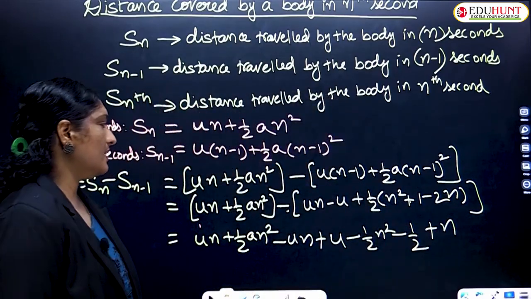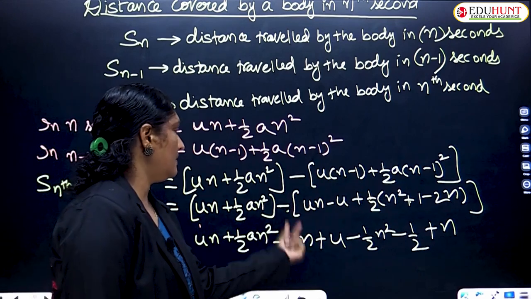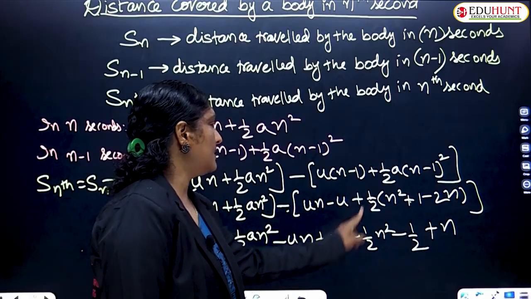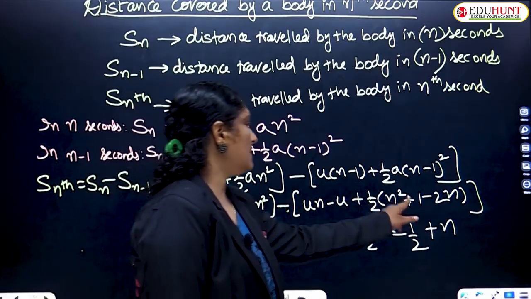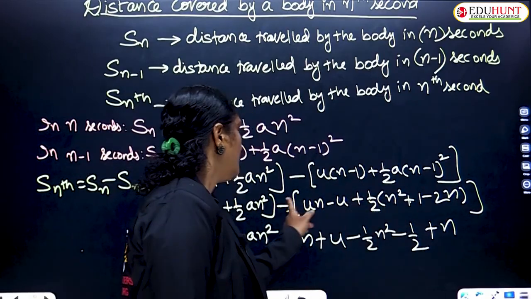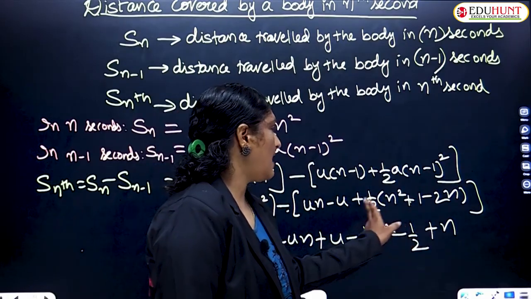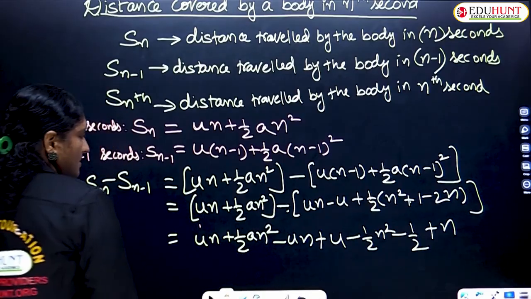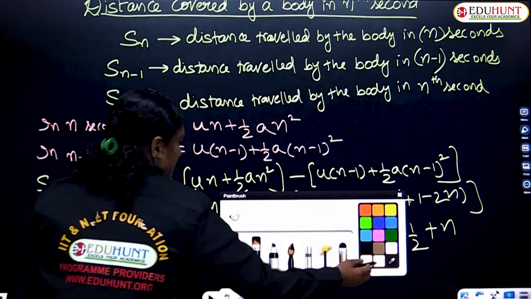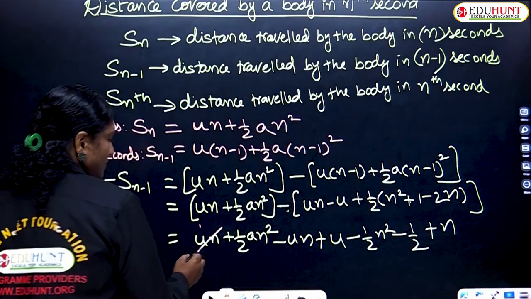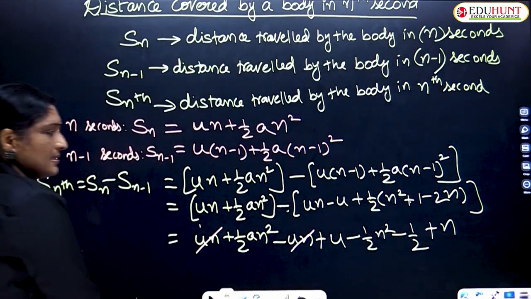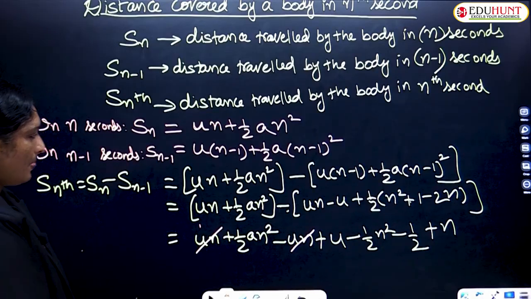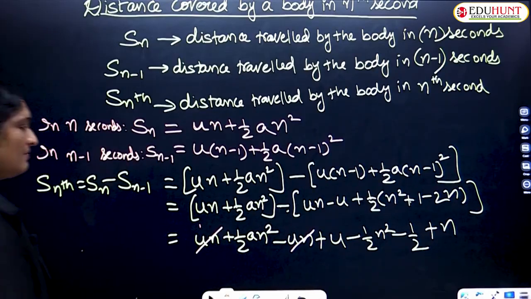Is that clear, children? So minus un, minus and minus plus u, minus and plus minus half n square, minus and plus minus half, minus and minus plus half into 2n is n. Okay, children? So after further simplification, plus un and minus un get cancelled. Isn't it, children? So based on that, let us try to simplify.